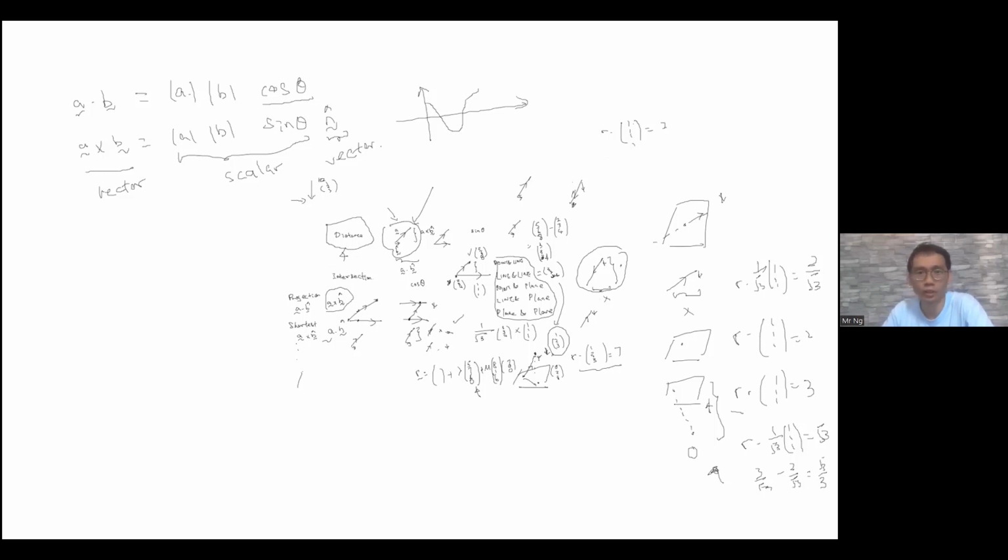Then draw a few examples of your A and B. I'm drawing them diverging, which represents the same as converging, so I just draw everything diverging. This angle can be like this, which should cover all the quadrants. This one is less than 90, so first quadrant. This one is more than 90, less than 180, second quadrant. This one is more than 180, less than 270, third quadrant. This one is more than 270, less than 360, fourth quadrant. So this will cover every scenario.